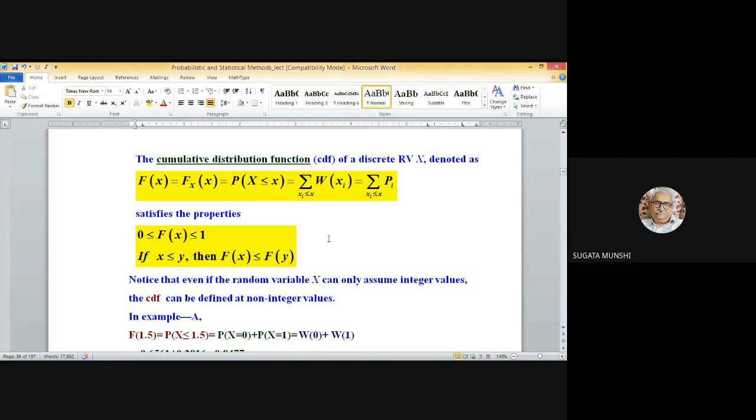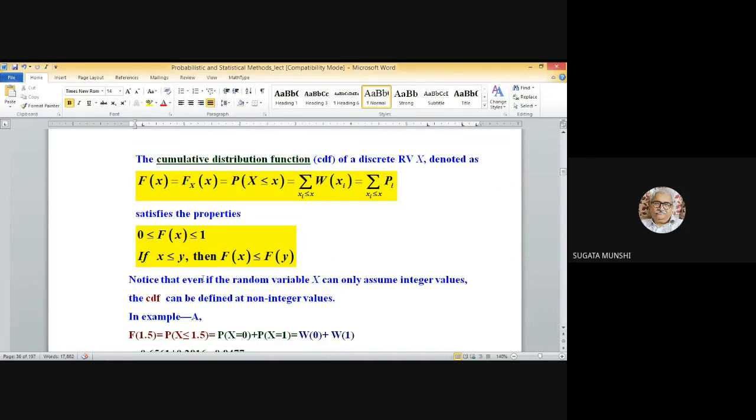Because capital F is a probability value, it will lie in the range 0 to 1. If x is less than or equal to y, then Fx will be less than or equal to Fy. Now you must note one thing: although we are considering discrete random variables, meaning capital X can take on only discrete values, the cumulative distribution function is not defined only for discrete values.